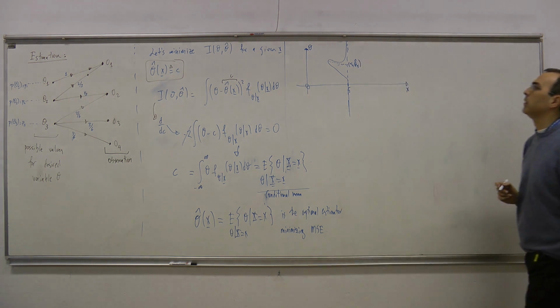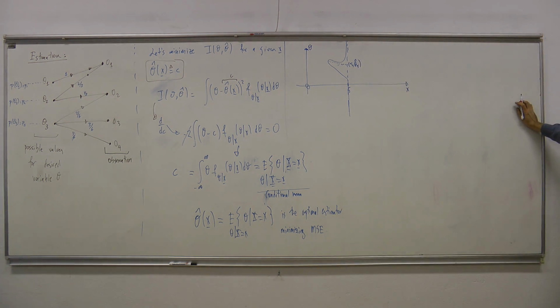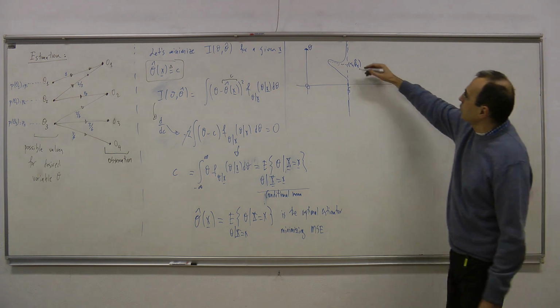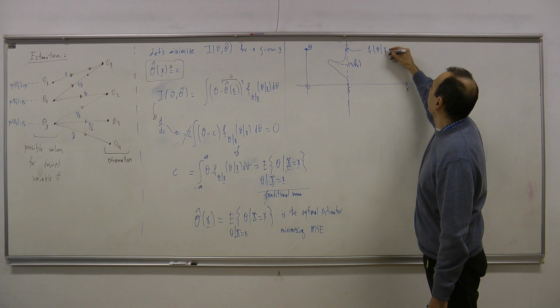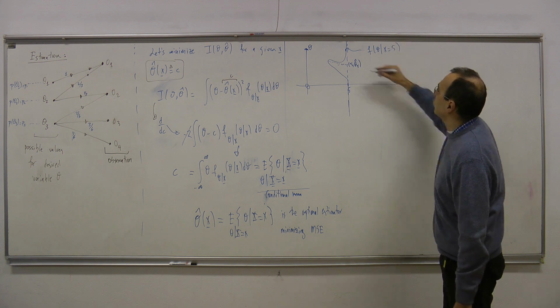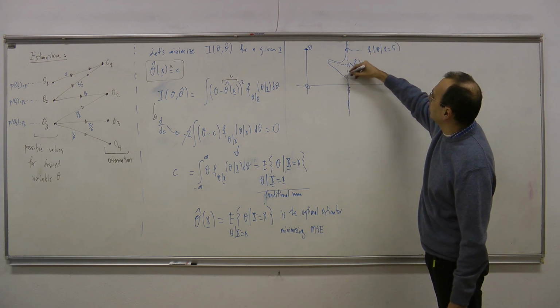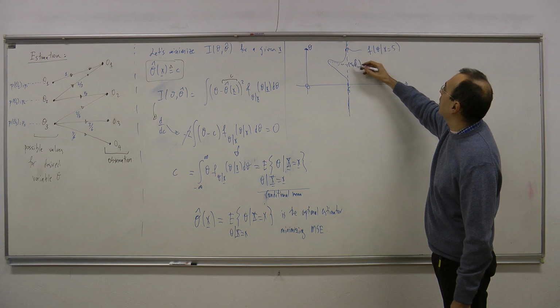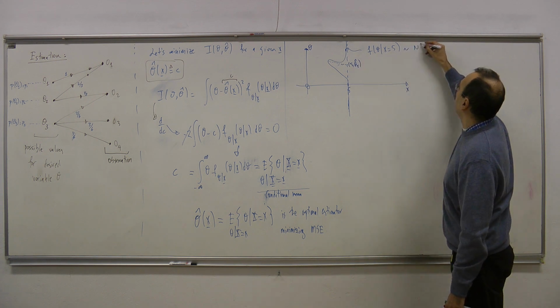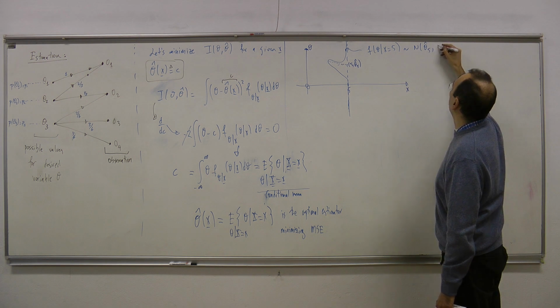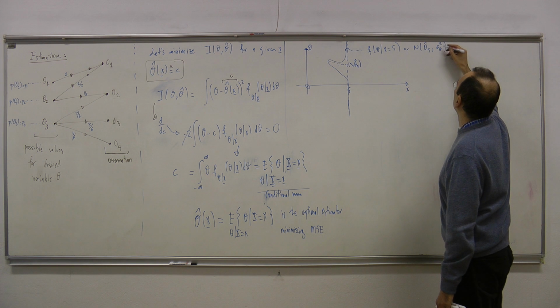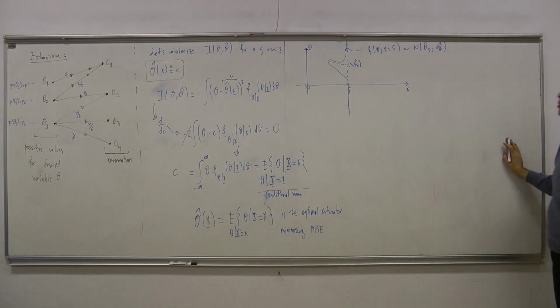Theta hat 5. What do I mean by that? This is what I mean by conditional distribution, X is equal to 5. This is what I'm trying to sketch. This is a Gaussian distribution, let's say, with some variance sigma theta squared.